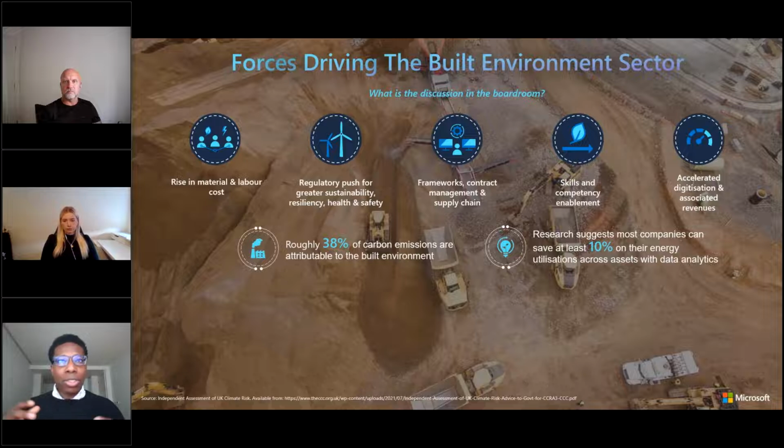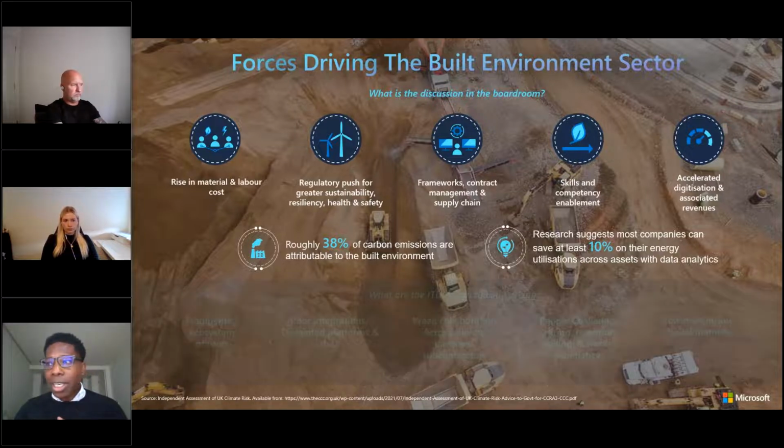But in order to solve for some of these large-scale energy generation requirements, with everything that's going on in Russia, to solve for the sustainability agenda, to solve for the aging population and the increasing population, there's going to be more demand on infrastructure to be delivered in a shorter time. And with that comes a desire to digitize in order to make those improvements and drive those outcomes quicker.